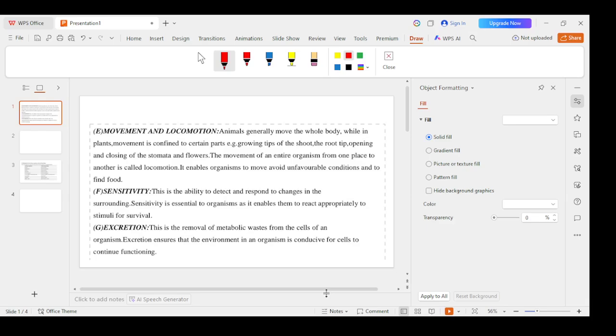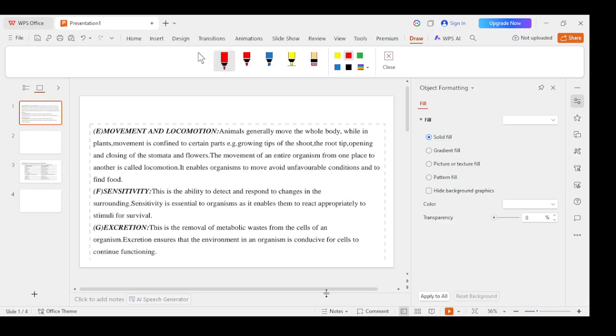For example, the heartbeat is a change of position. Or we can talk about the movement of body parts, like a handshake. Those are examples of movement as a characteristic of living organisms. We shake our hands, we jump, sit, stand, and run. All those activities are movement or locomotion.